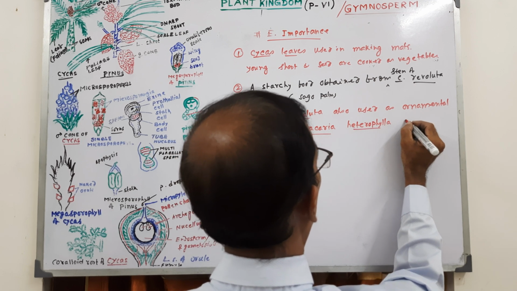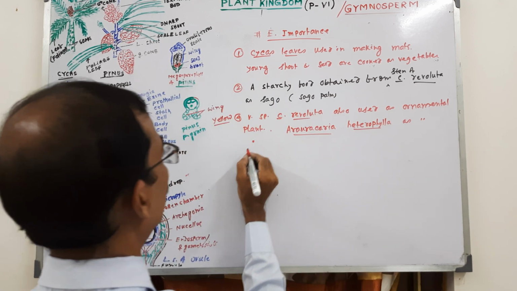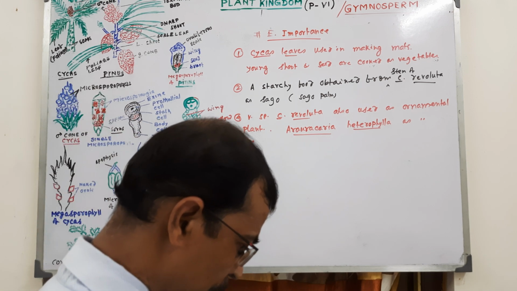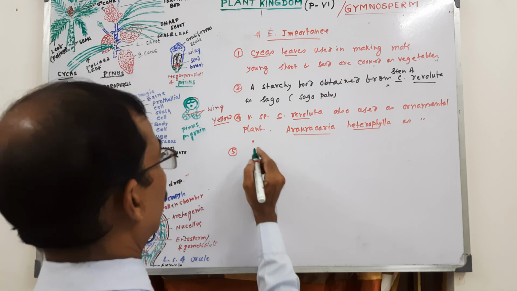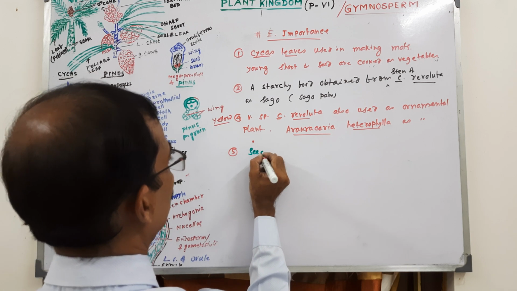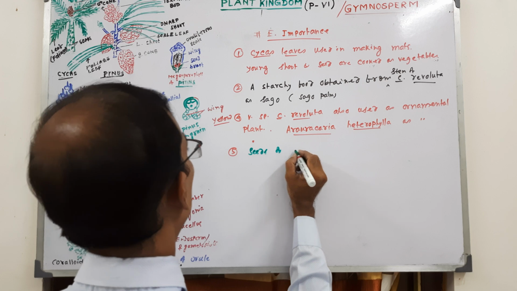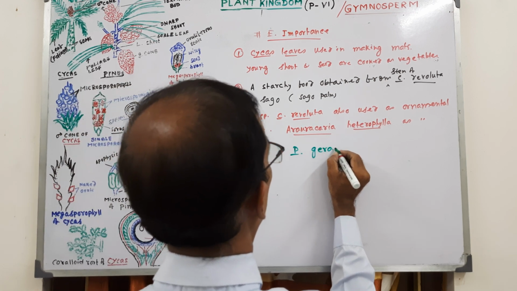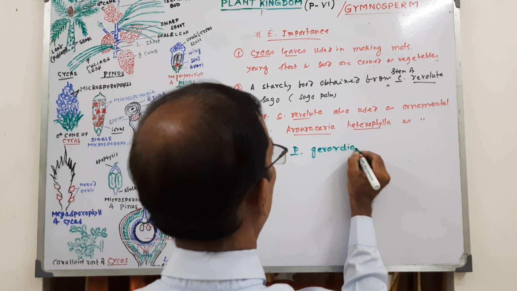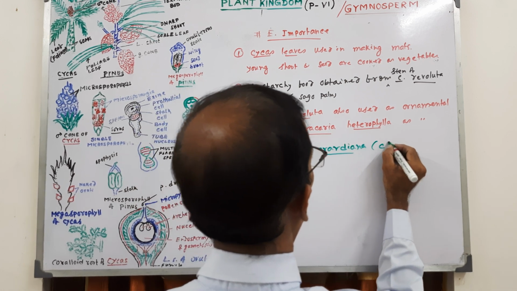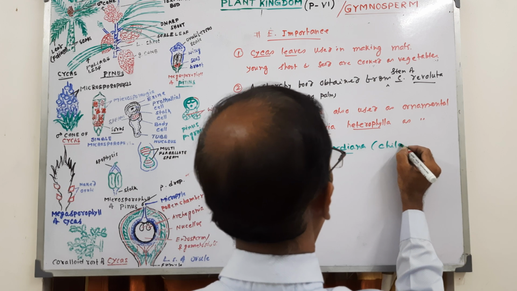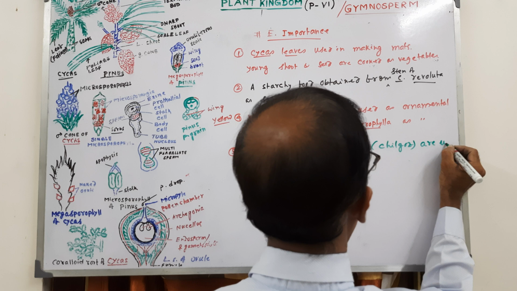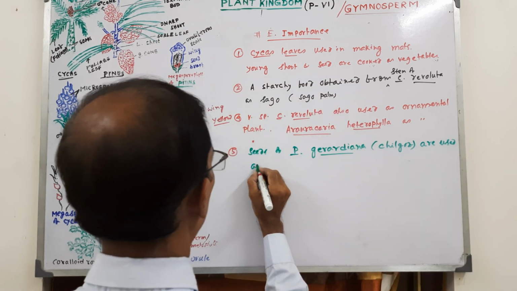Heterophylla also as ornamental plant. Okay, ornamental plant. Number 5, seeds of Pinus gerardiana, which is called Chilgoza pine, are used after roasting.